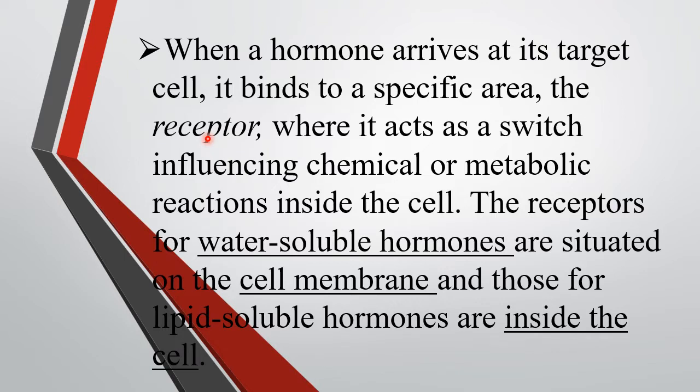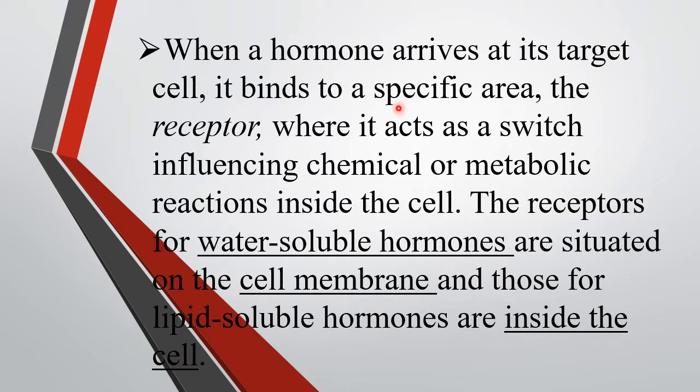In this case, the protein is a hormone. So once the hormone binds to its receptor, it cascades signals. Okay, so this is like a switch to a certain chemical or metabolic process in that particular cell.